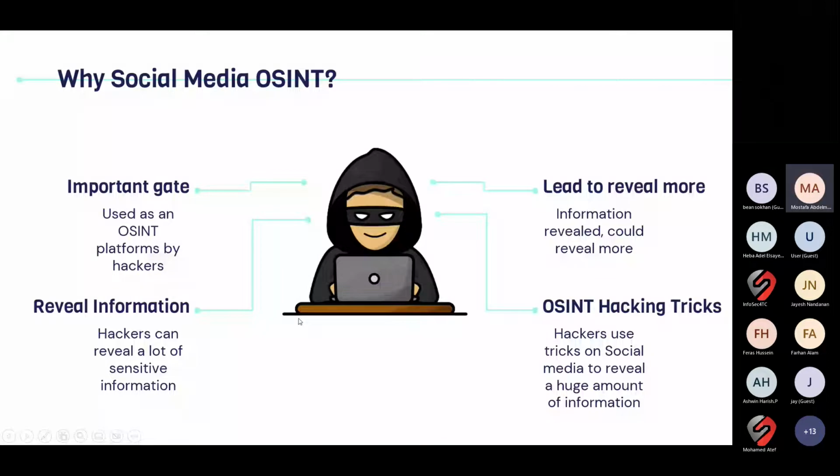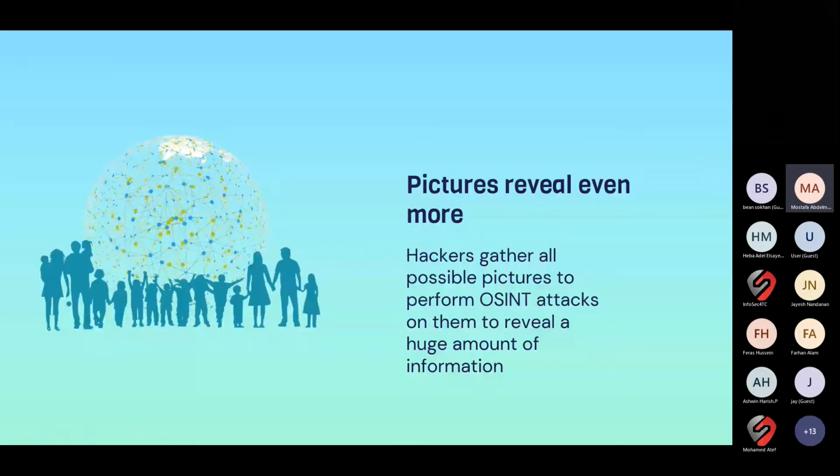Many of you, maybe most of you, didn't think that a picture you post online can reveal a lot of information about you. Each picture or video you upload has internal data about you, which is called metadata or EXIF data. The hacker can use this information to spot your location, to know where you took those pictures, which phone was used, which camera was used.